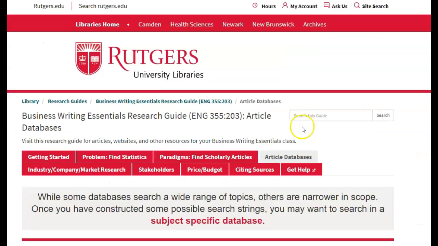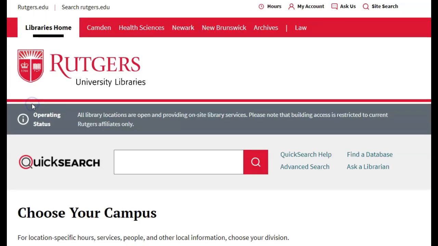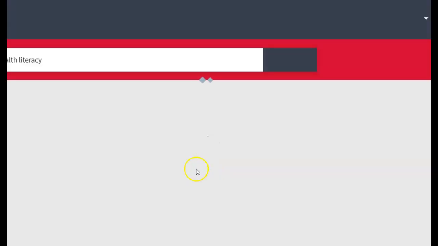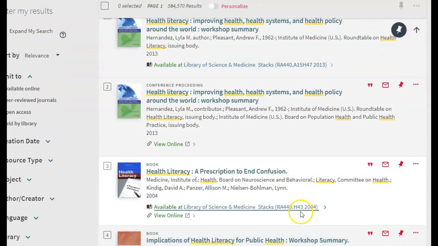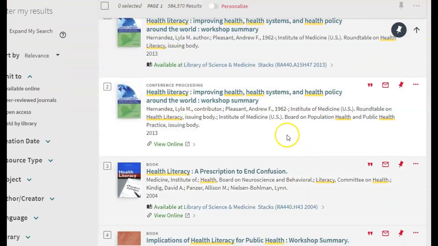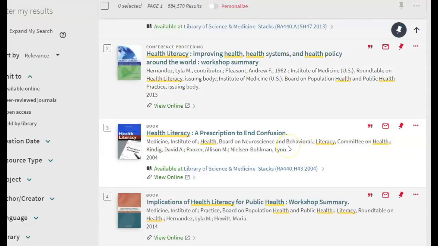You should also note that at any point from this research guide, you can go right to the library's homepage. The first thing that pops up on the library's homepage is a search bar that is keyed to a number of different databases, including the library's catalog, which we'll talk about more later, and a large number of the indexes that we've already looked at, plus hundreds more. And immediately I get some books and conference proceedings that might be useful for further exploration.